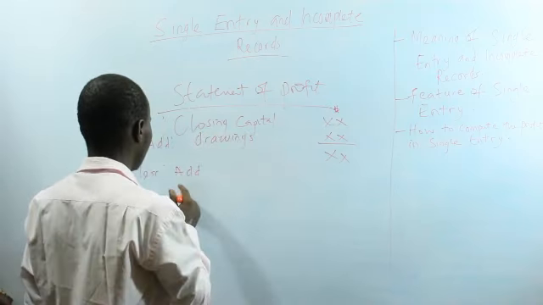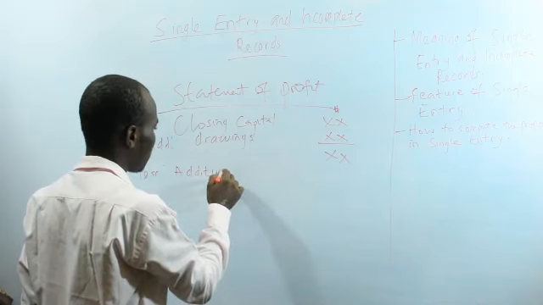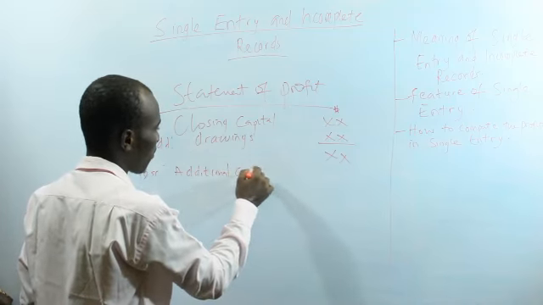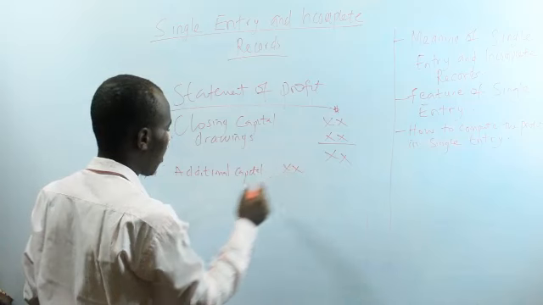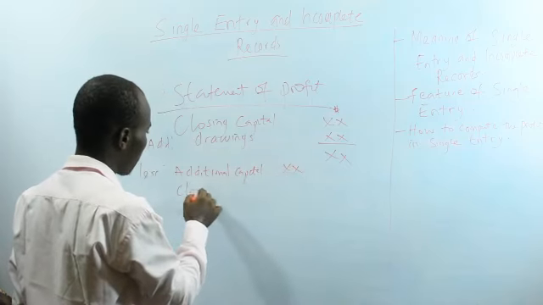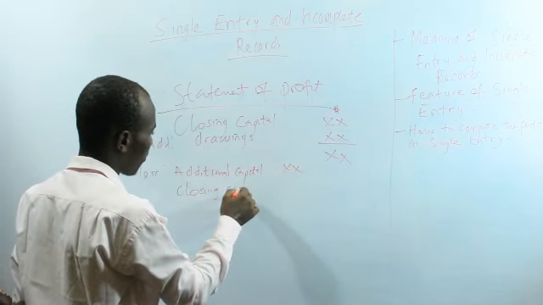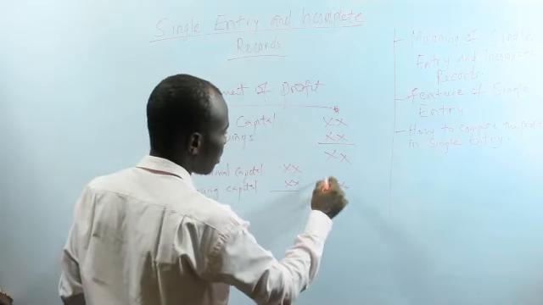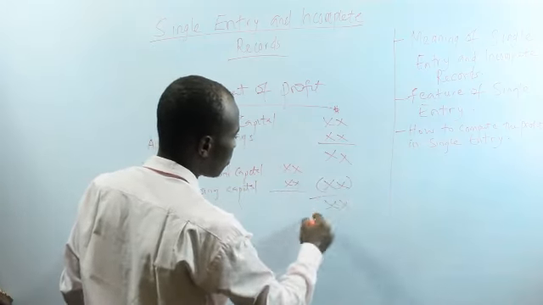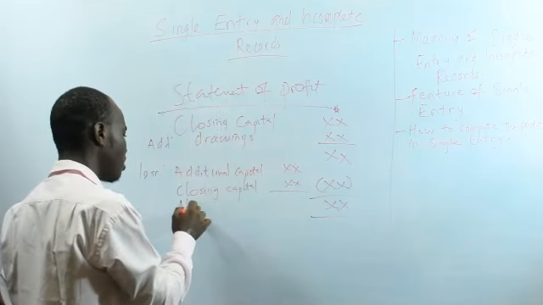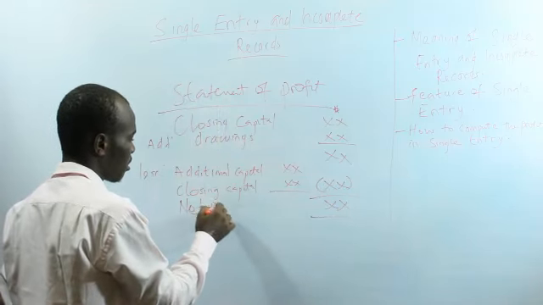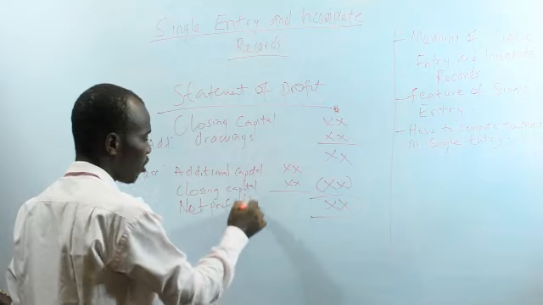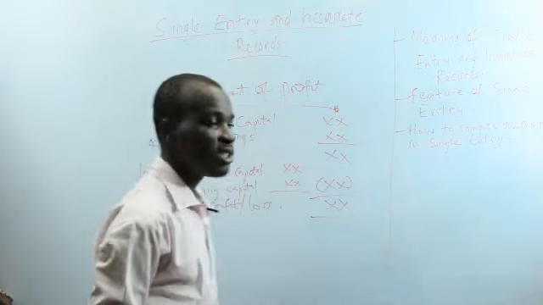So less additional capital, and also opening capital. So we less that, and that gives us our net profit or net loss within the period.